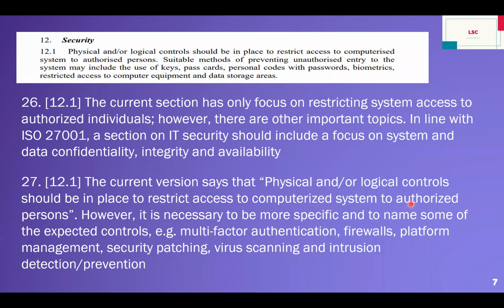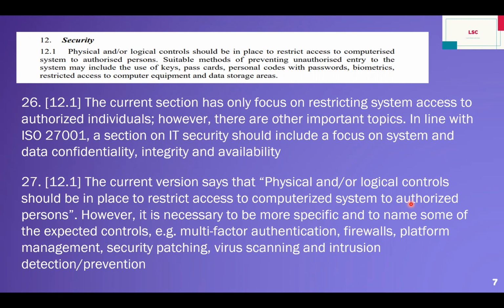Security is one of the important things required, because we are all working with electronic systems on the basis of data integrity principles, right? So security is very important in this case. Annex 11 says that physical and logical controls should be in place to restrict access to computerized systems to authorized persons. Suitable methods of preventing unauthorized entry to the system may include the use of keys, pass cards, personal codes with passwords, biometrics, and restricted access to computer equipment and data storage areas.